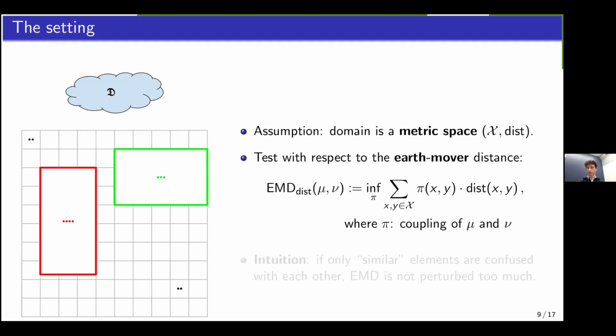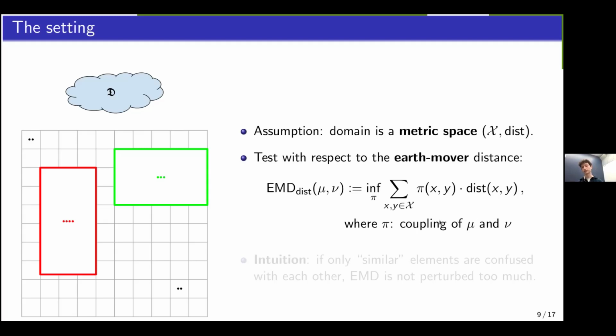And we're going to actually capture this notion with our notion of distance with respect to which we will test the property of the distribution. Usually in distribution testing, we test against the total variation distance. But here, to capture this metric space in a stronger way, we're going to test with respect to the earth mover distance.